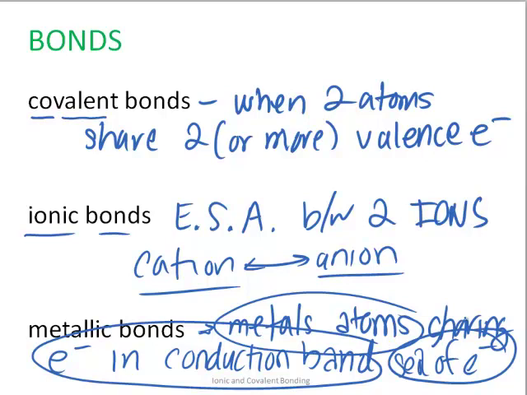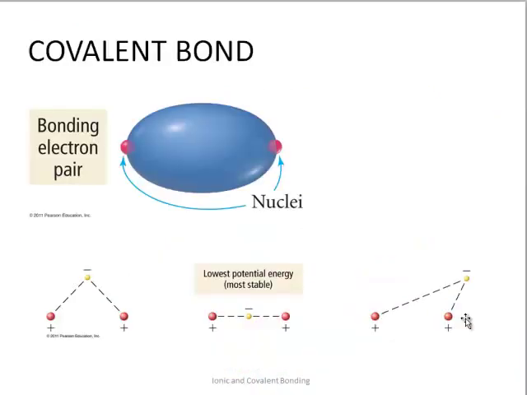Okay, so let's take a little closer look at some of the bonds. Here we have a representation of the covalent bond. Very important to note that if we have 2 nuclei that are sharing valence electrons, it is not the 2 nuclei that are attracted to each other. In fact, because of the positive charge in these nuclei, these 2 atoms would be repelled from each other.